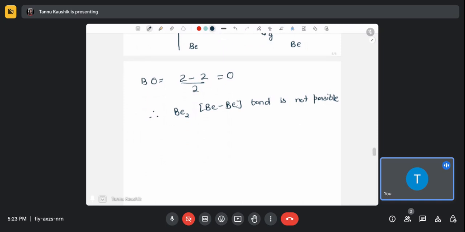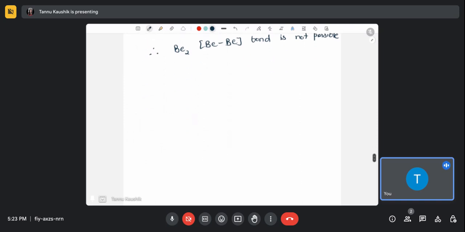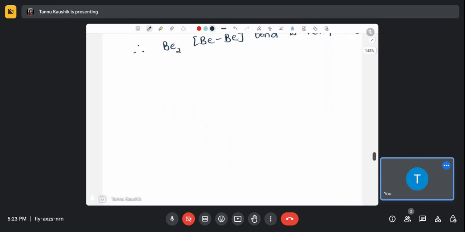So now we will firstly study the molecular orbital diagram for oxygen, and then we will be discussing boron, carbon, and nitrogen.